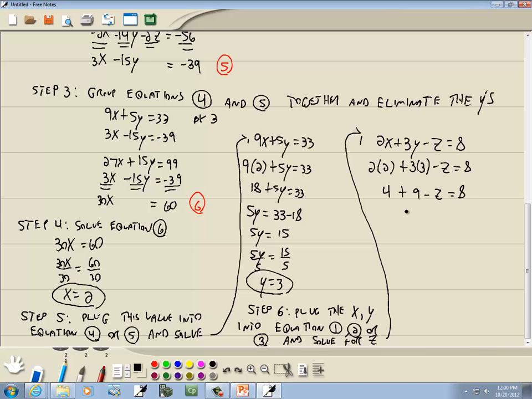Minus z equals 8. 4 plus 9 is 13. Minus z equals 8. I'm going to take the negative z over to the right side. Take the 8 over to the left side. So we've got 13 minus 8 equals z, or z is equal to 5, which is the third part of our answer. So our answer is 2, 3, 5.